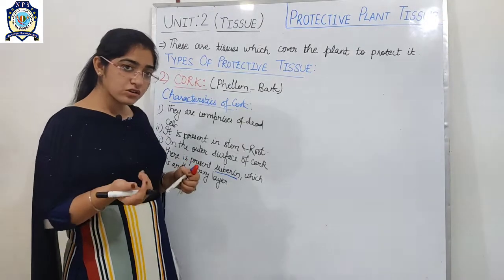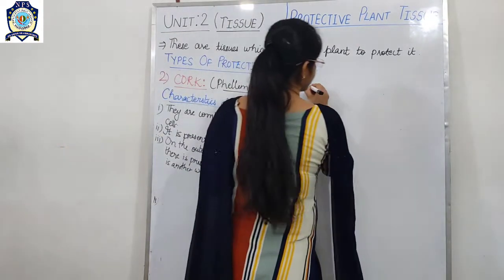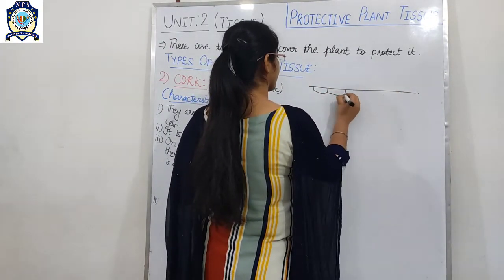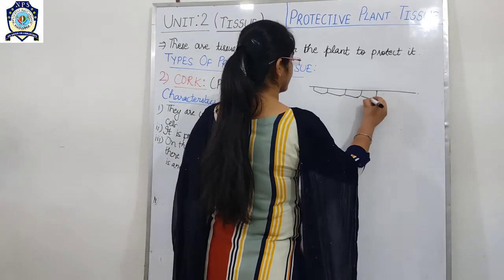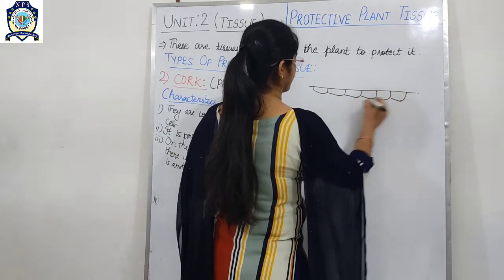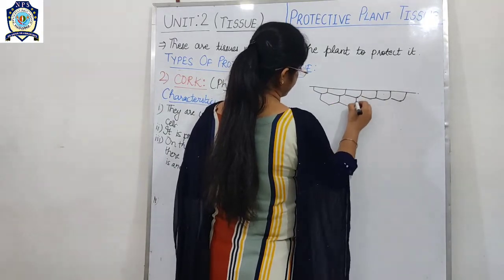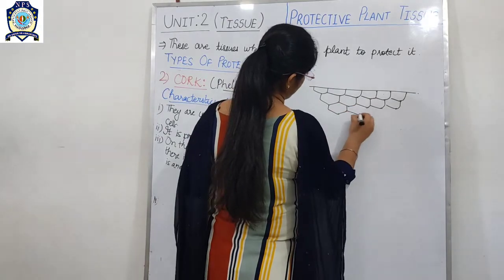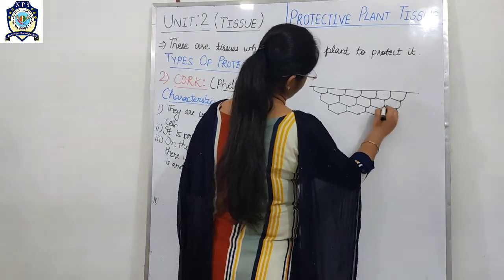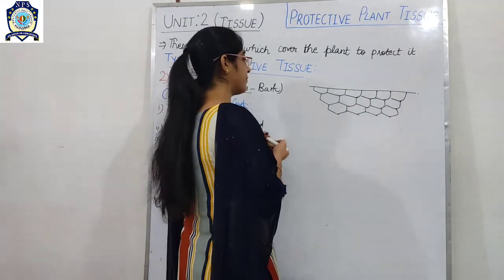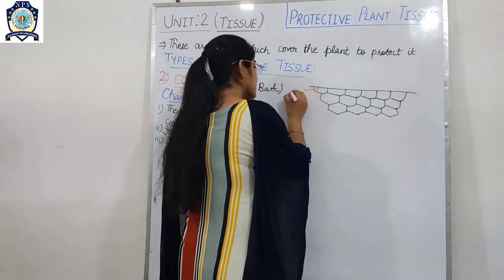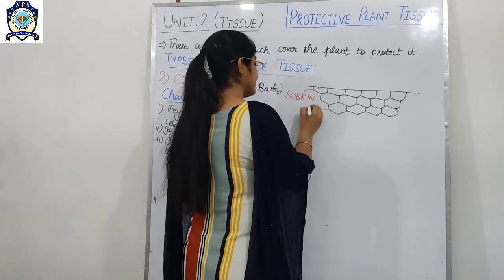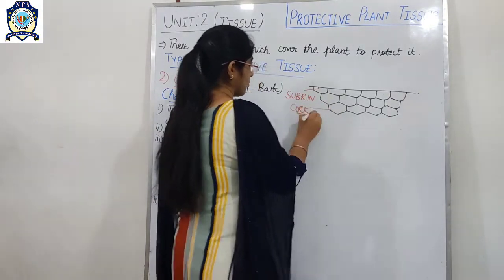If we draw the cross section of the stem or the root, then the cells appear in this way. You can easily observe the polygonal cells, and if we label it, then this is the suberin and this one is the cork.